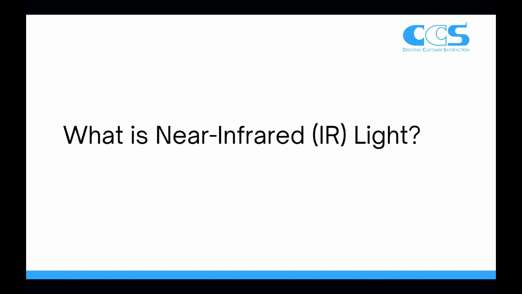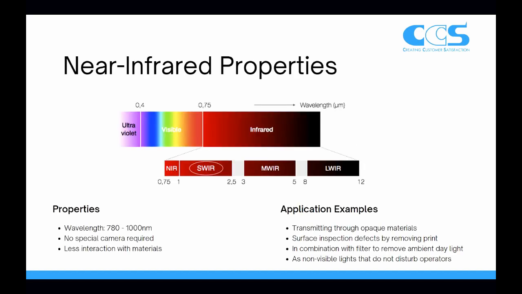Okay, moving on from UV, what is near infrared, or what we call IR light? Near infrared is the wavelengths from 780 to about 1,000 nanometers. Same as with UV, there's no special camera required, but again, keep in mind that the spectral response of the camera is not going to be as high.